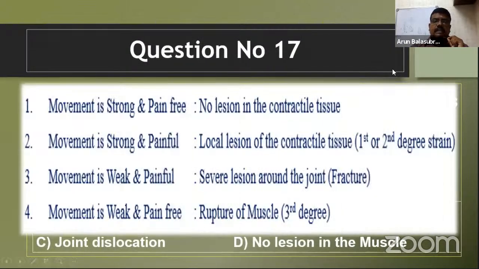From this picture you can identify it better. If the movement is strong and painless, there is no lesion in the contractile tissue. If the movement is strong and painful, it indicates a local lesion in the contractile tissue, either first or second degree strain. If the movement is weak and painful, it indicates a severe joint lesion around the joint. If the movement is weak and painless, it's a rupture of the muscle, the third degree.